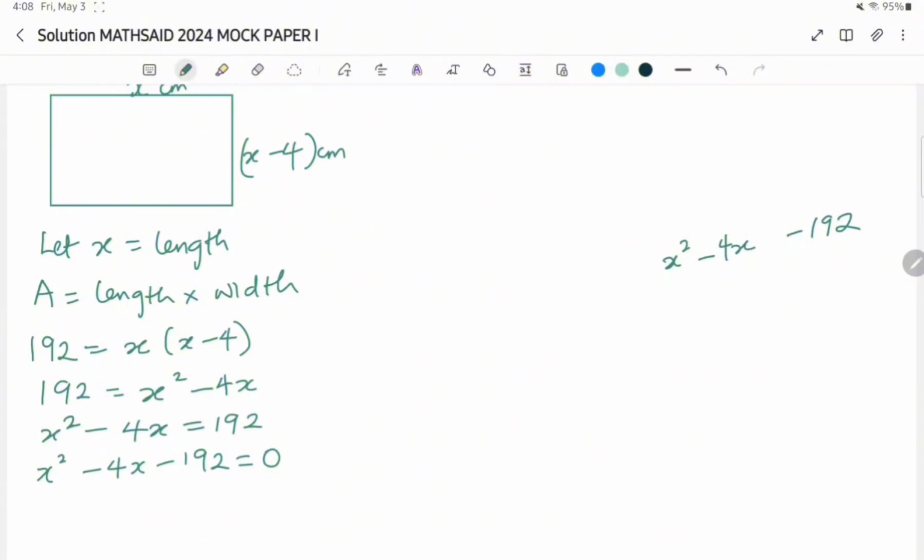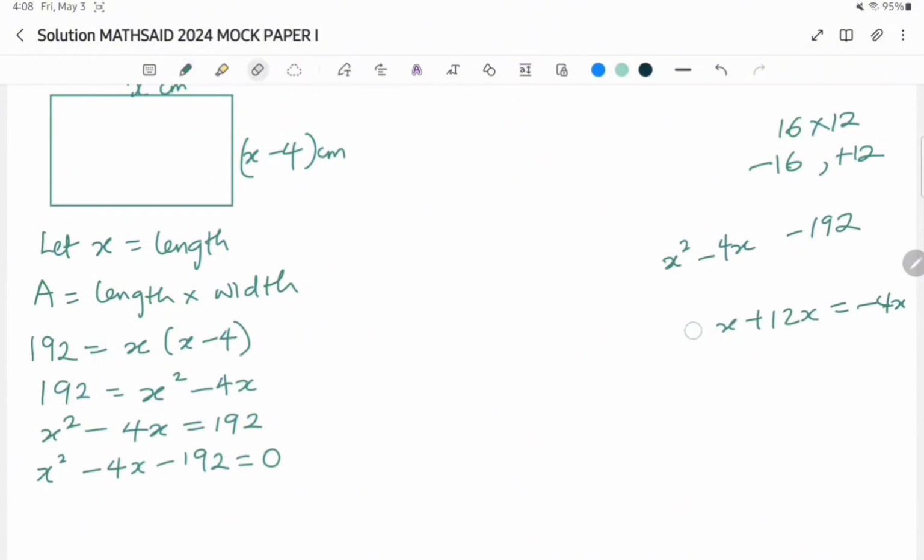If you find the factors of 192, you'll find that 16 and 12 give you 192, and negative 16 and positive 12 will add up to give you minus 4, because minus 16x plus 12x is negative 4x, which is the middle term, or the coefficient of x.